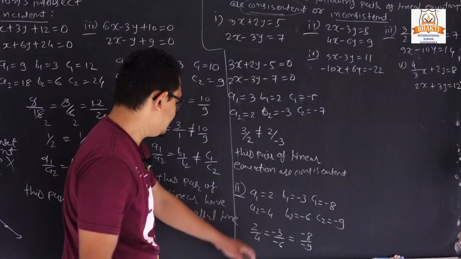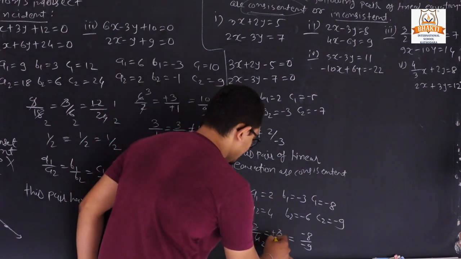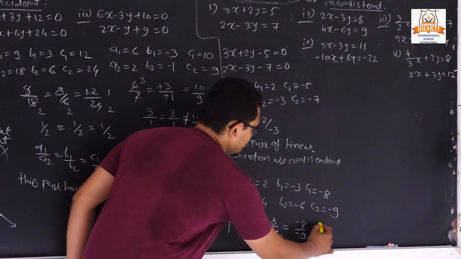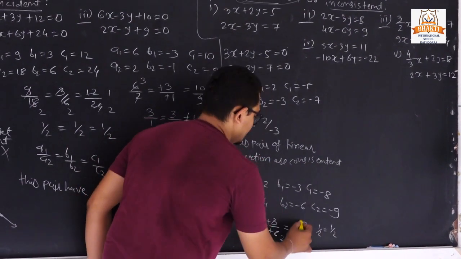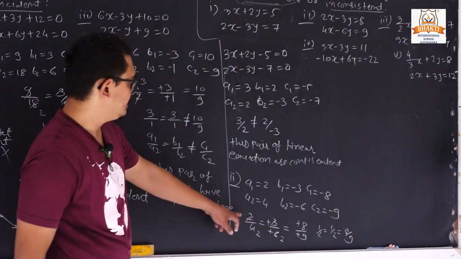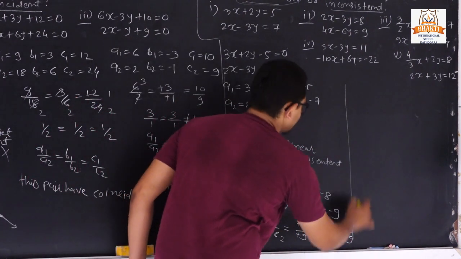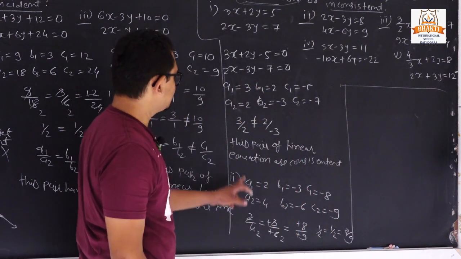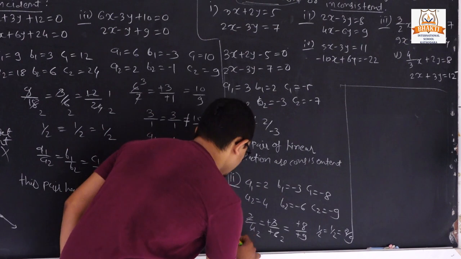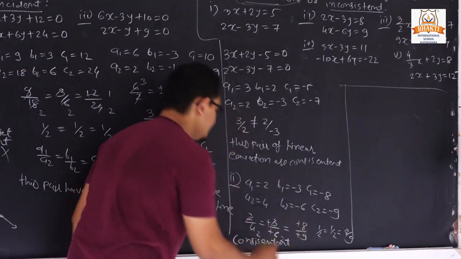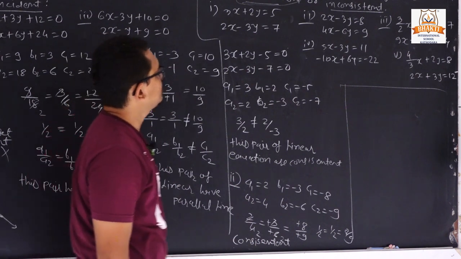So 2 1s are 2, 2 2s are 4, minus minus plus, 3 1s are 3, 3 2s are 6. So these both are equal, 1 by 2 is equal to 1 by 2. Here it is 8 by 9. So once again we have the same condition, and we can declare this is not coincident. Clear?